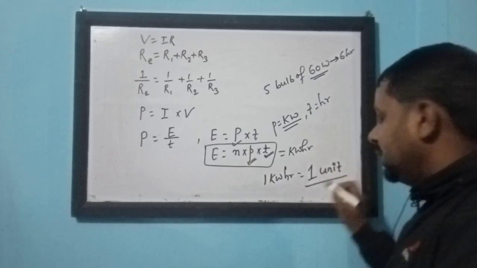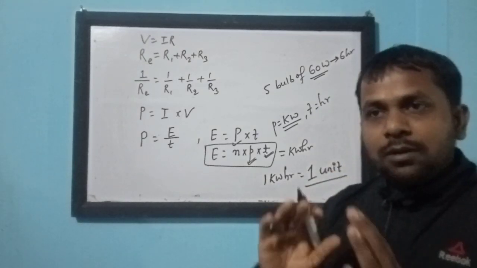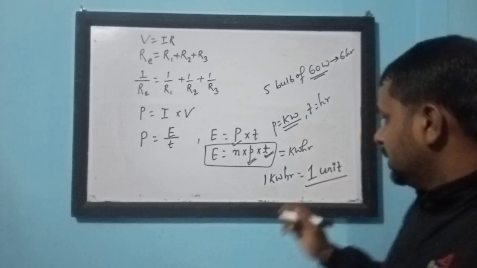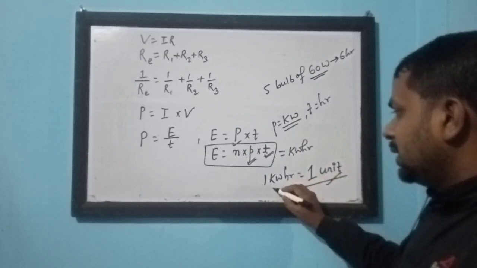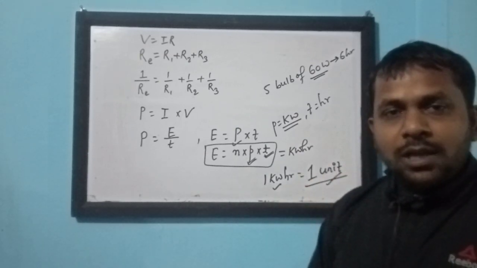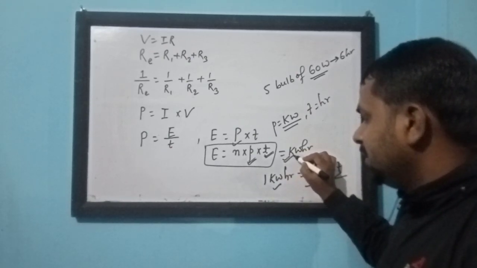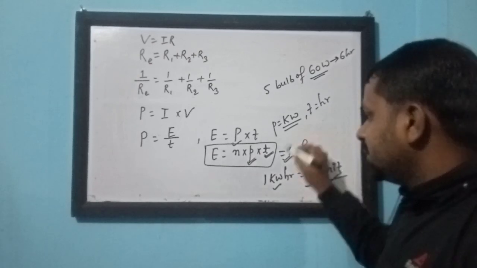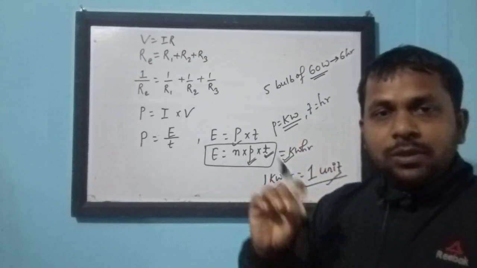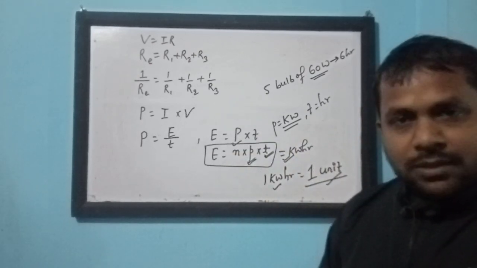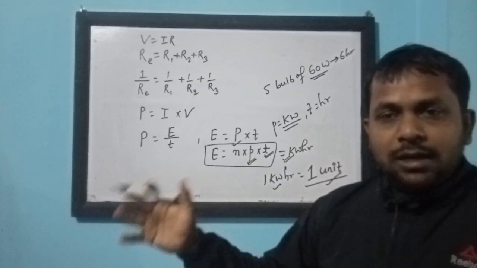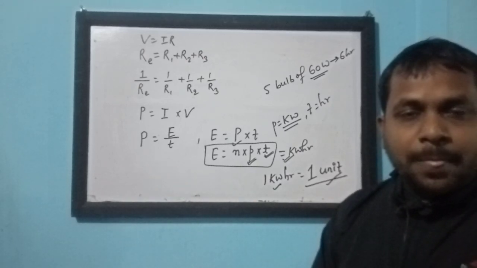This 1 unit that is increasing in our meter box represents 1 kilowatt hour. How many kilowatt hours of energy will be used here? It means that many units will increase in the meter box of our domestic appliances.